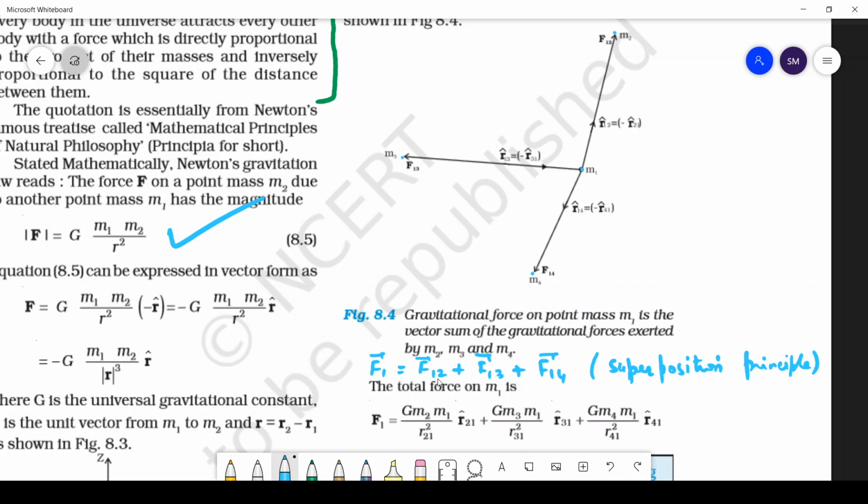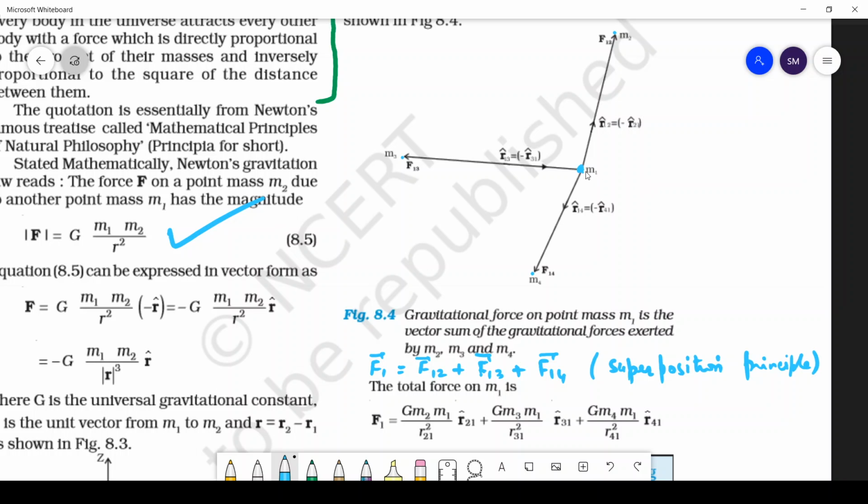The force between 1 and 2 is unaffected by the presence of other masses or by the presence of other forces. This is unaffected, this is also unaffected. So the force between two particles is unaffected by the presence of other masses. That's the superposition principle. And if we want to add the force on m1, that will be equal to force on 1 due to 2, force on 1 due to 3, force on 1 due to 4.